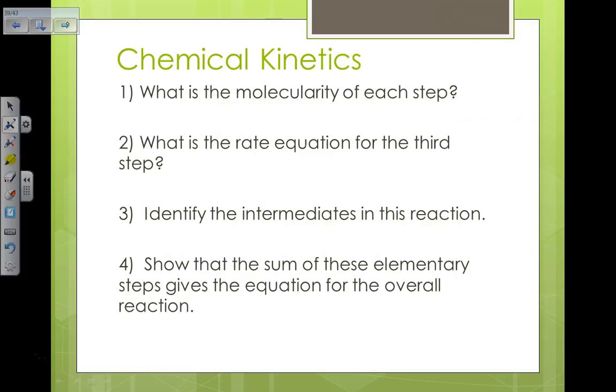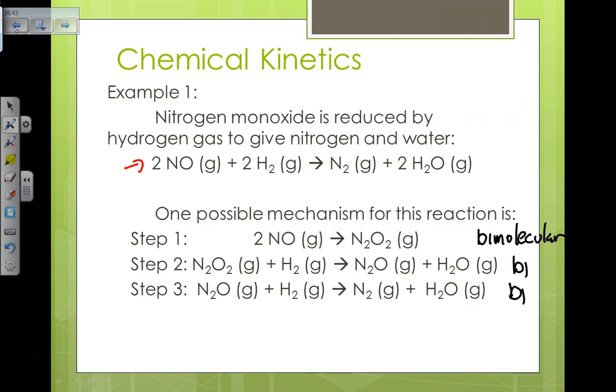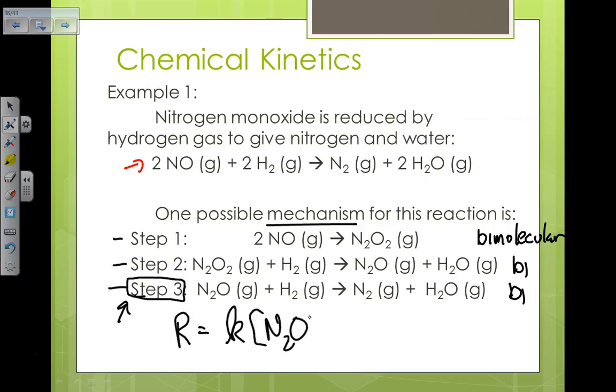What's the next question? What is the rate equation for the 3rd step? Let's assume that this is the slow step. Because it's an elementary step, and a mechanism is made up of elementary steps, we can write the rate equation as R equals N2O times H2, and both of these are raised to the 1st power.